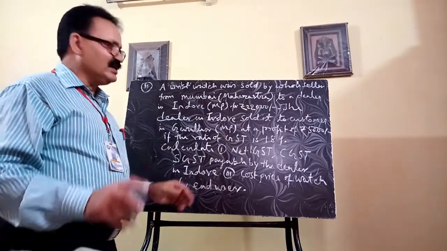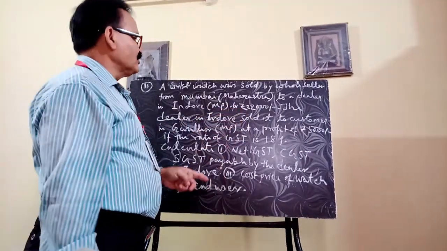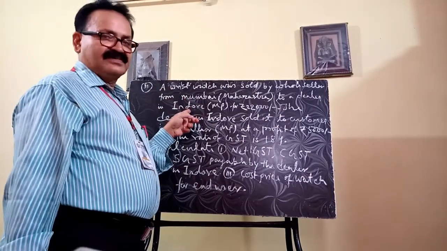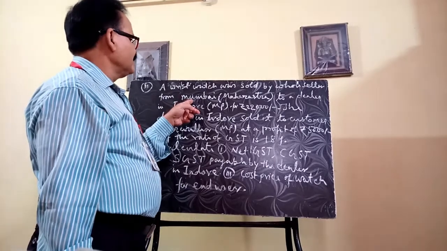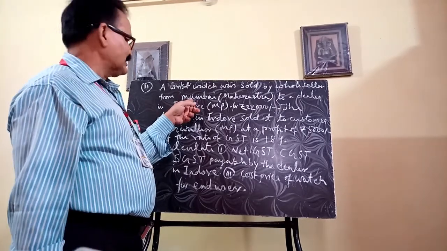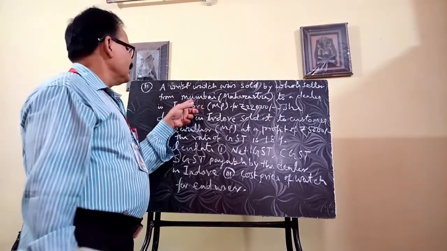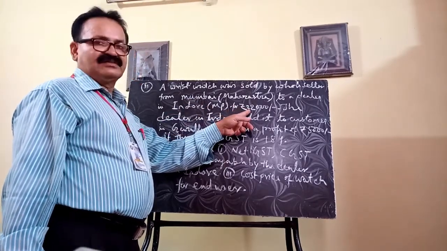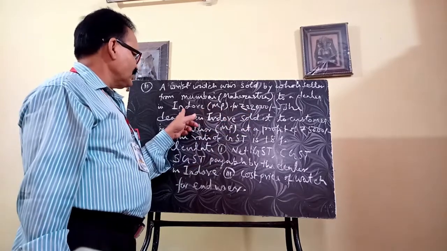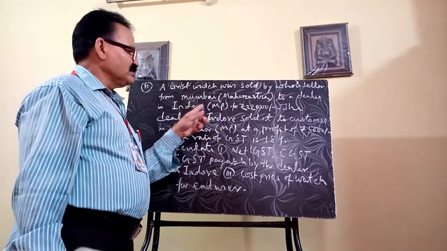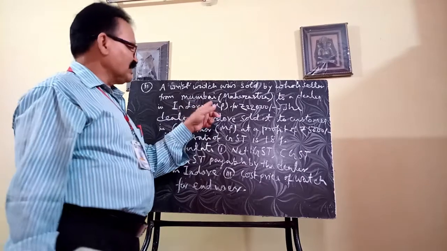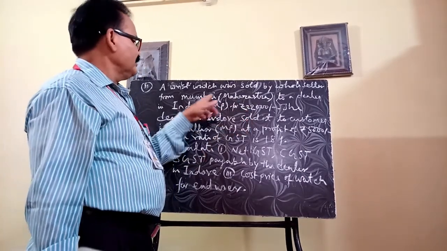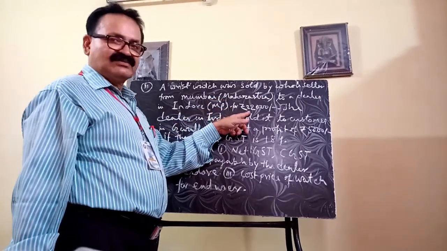So the cost of the watch is 22,000 for Indore, but for the wholesaler placed at Mumbai the SP is 22,000. This is the CP for Indore. The dealer of Indore purchased at the SP of the wholesaler placed in Maharashtra, that is 22,000.